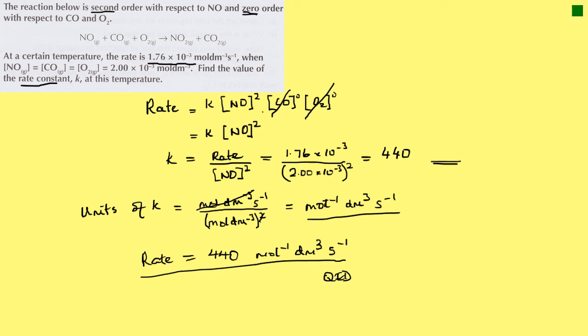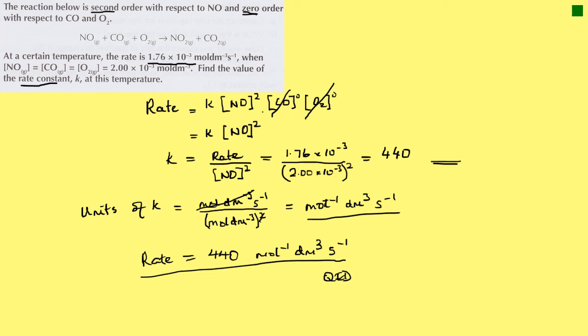So we're going to put in 2.00 times 10 to the minus 3, but let's not forget the squared. And notice I used curved brackets there because it's a number now. Okay, so easy job, put it into your calculator and it comes out at 440.